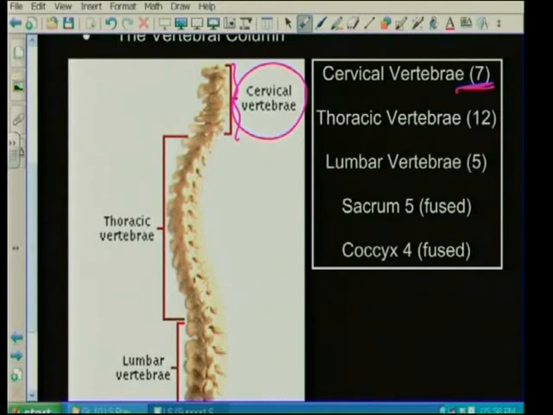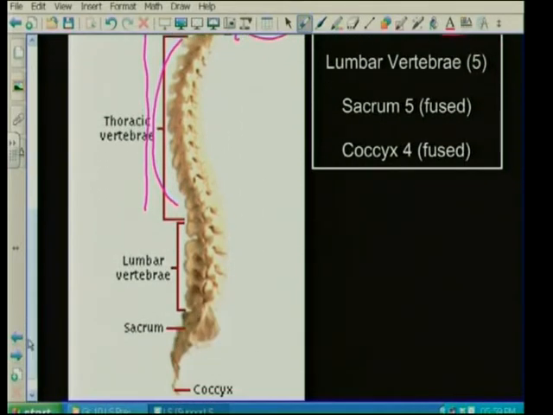Thereafter, we have the thoracic vertebrae, which are bending backwards. There are 12 of those. Then we move further, we go to the lumbar vertebrae, which are slightly protruding to the inside. And there's 5 bones that make that area up.